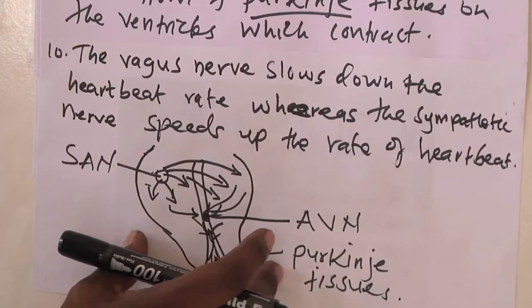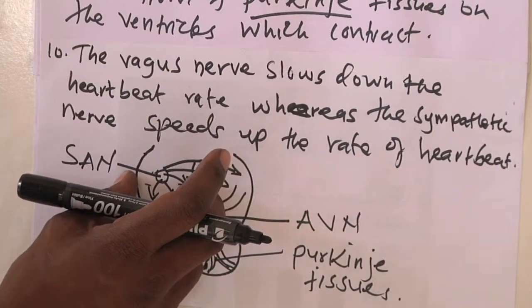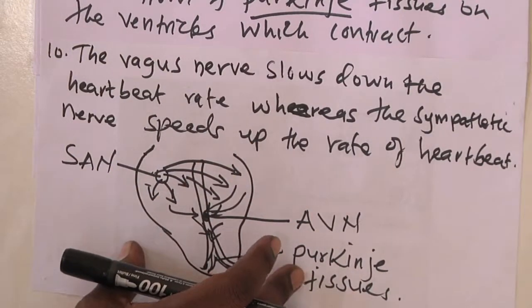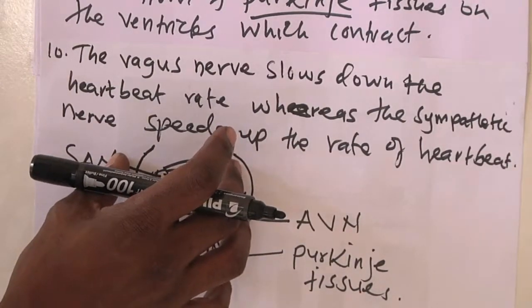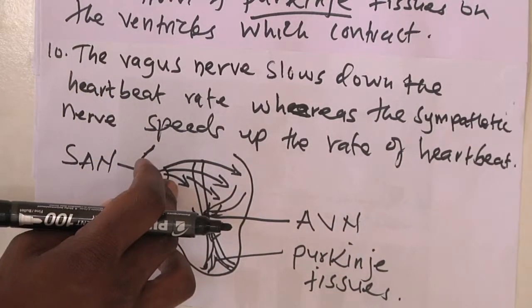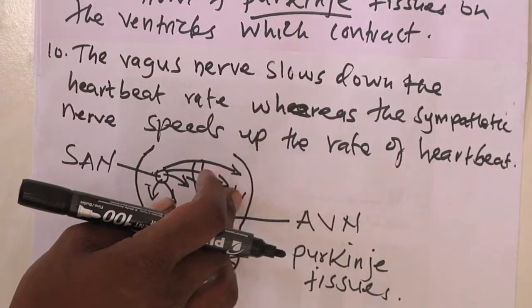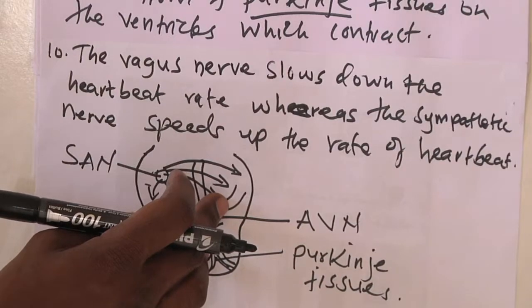As they relax, they receive blood from the contracted auricles. As the ventricles contract, the auricles relax to receive blood from all parts of the body through the right atrium, and from the lungs through the pulmonary vein to the left auricle.